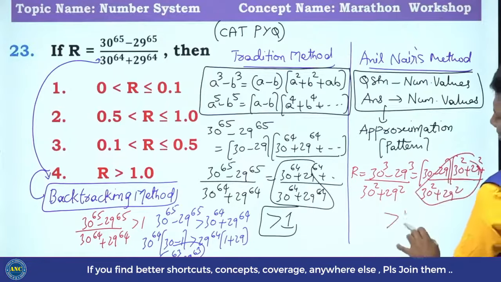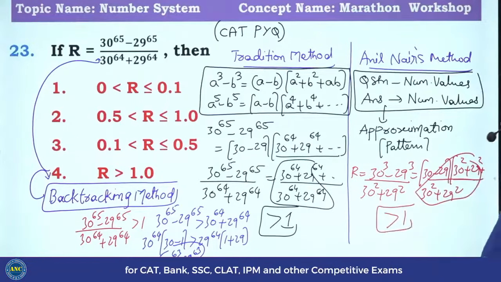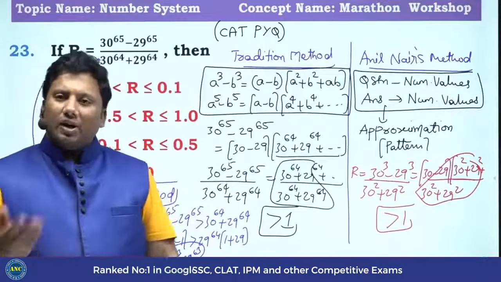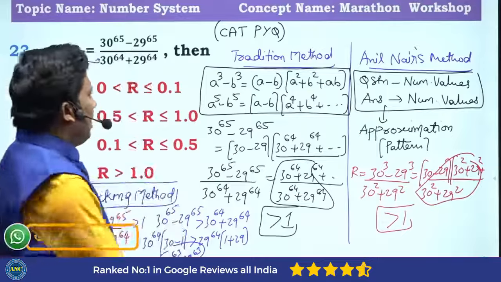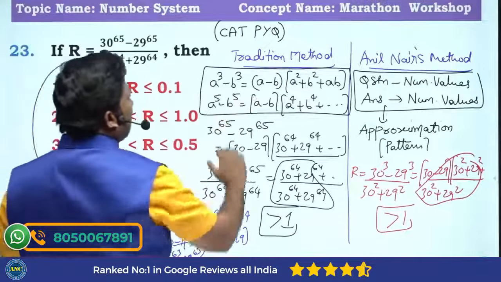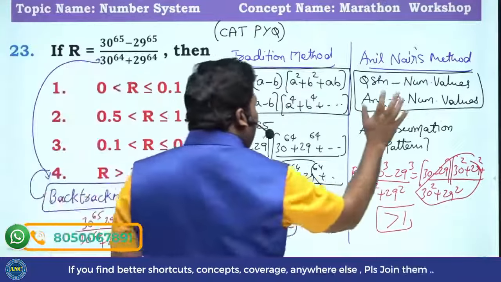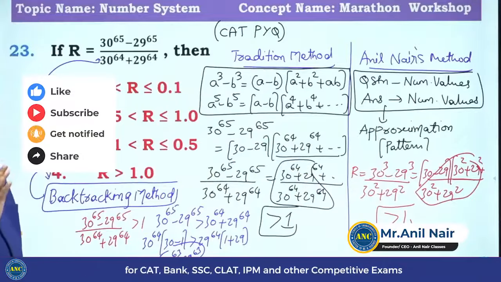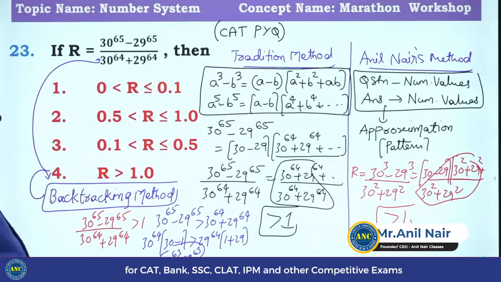When divided, the answer is greater than 1. So for power 3, I am getting greater than 1. Power 4 is also greater than 1, and so on. So one is the traditional method to solve the question, one is Anil Nayar's way, and another is the backtracking method. I hope the logic is crystal clear to you.